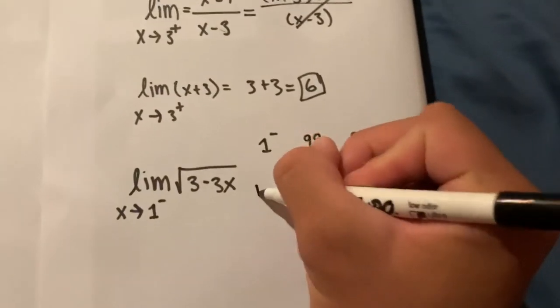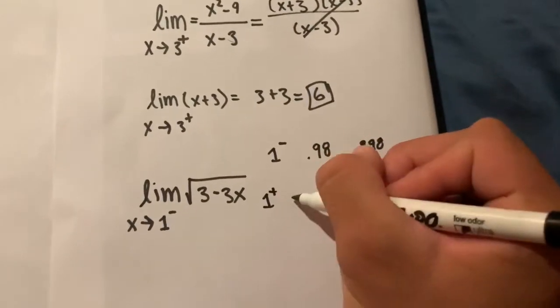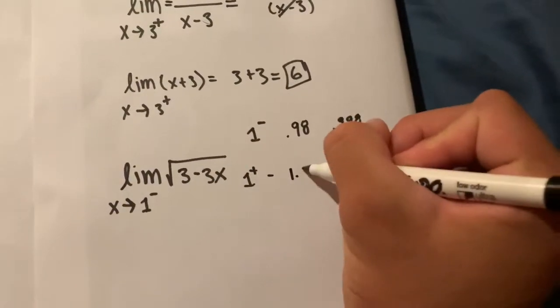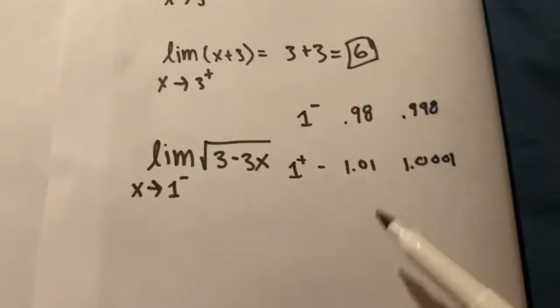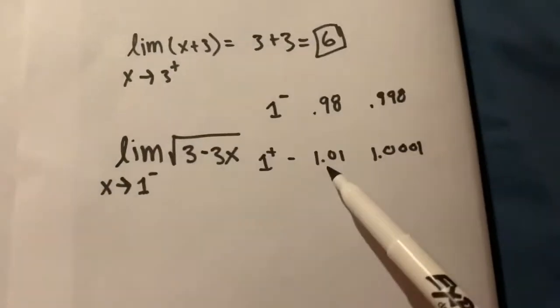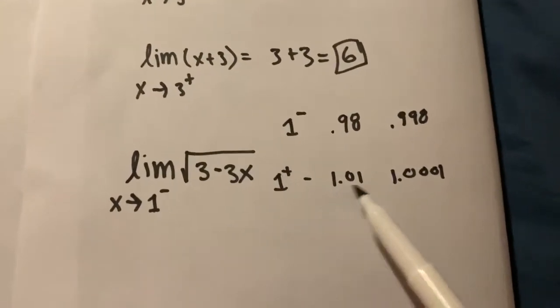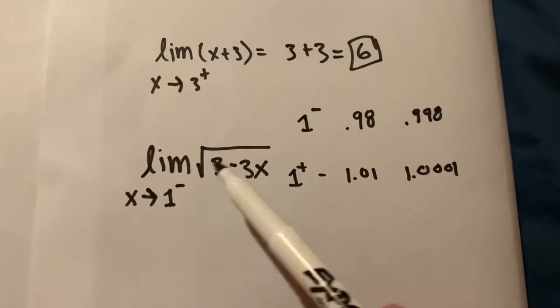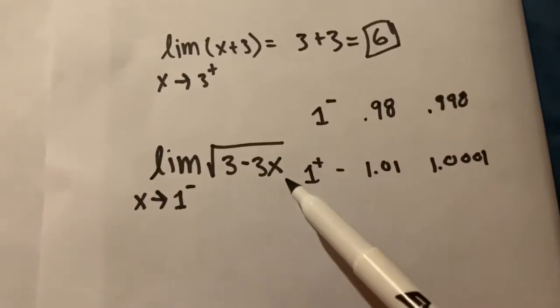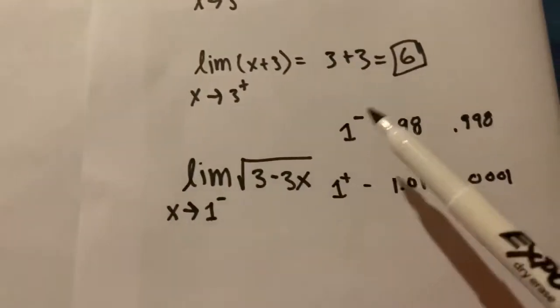But when we're examining numbers from the right side, we're looking at numbers such as 1.01 or 1.0001. If we were to plug in any number greater than 1 into this equation, it would be 3 minus a number greater than 3, giving us a negative inside the square root, which cannot work.